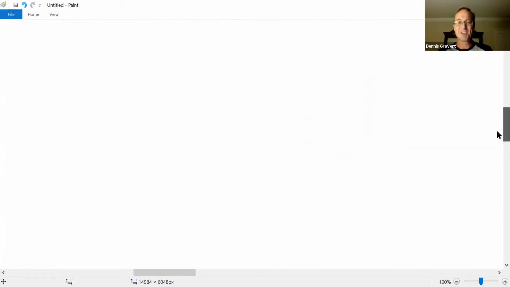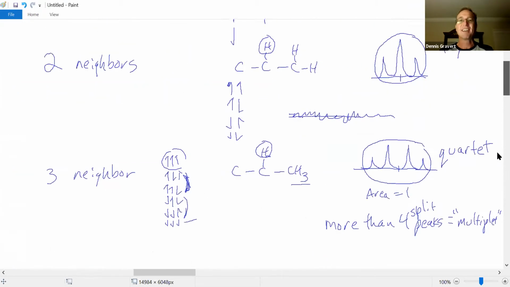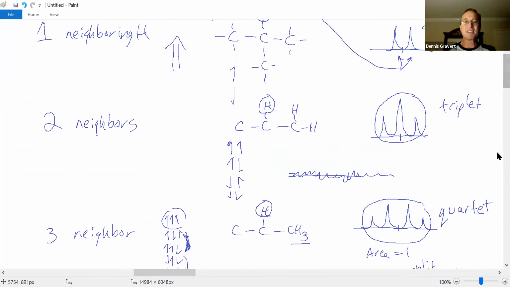Let's see, I got this other graph down here. For those of you who like math, you might be noticing the pattern here. What was the pattern? We start with 1 hydrogen gives you 2 split peaks. 2 neighbors can give you 4 possibilities, but 2 of them combined, right? The magnetic field canceled out. You get 3, but the ratio is 1 to 2 to 1.